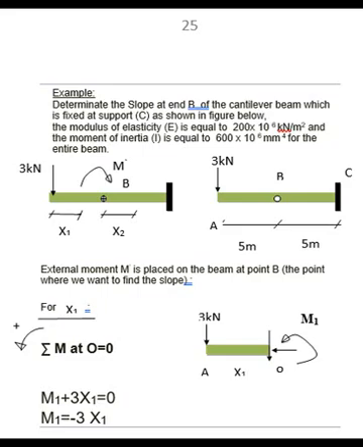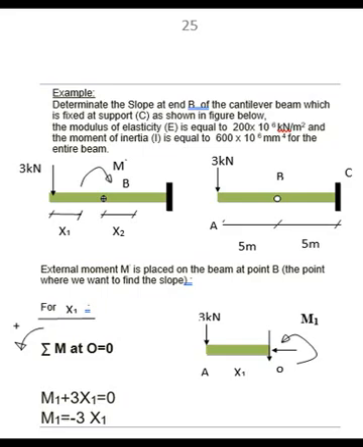The modulus of elasticity is equal to 200 times 10 to the power 6 kilonewton per square meter, and the moment of inertia is equal to 600 times 10 to the power 6 millimeter to the power 4 for the entire beam.